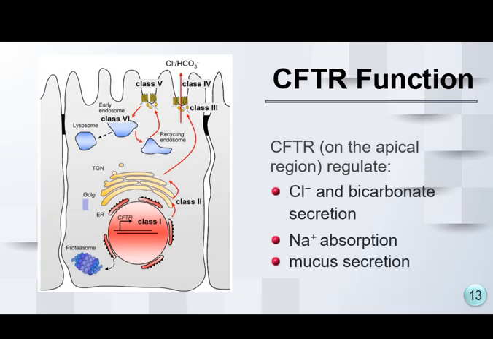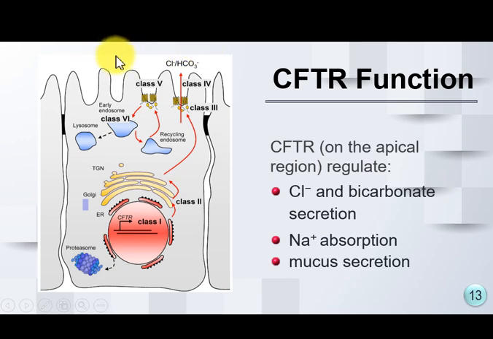Okay, so that's the apical region here. This is the cell, and that's your nucleus, your endoplasmic reticulum, your Golgi. The reason I'm saying this is because I want you to think about what happens with a particular mutation, okay? And this protein is sitting here, in the apical region of the cell. This is your lumen.